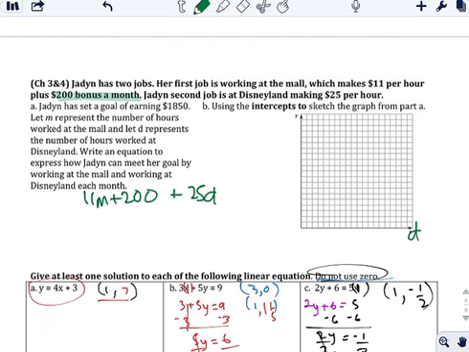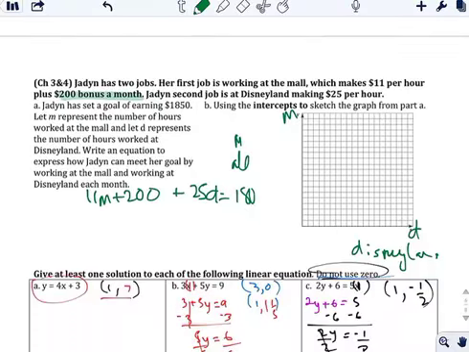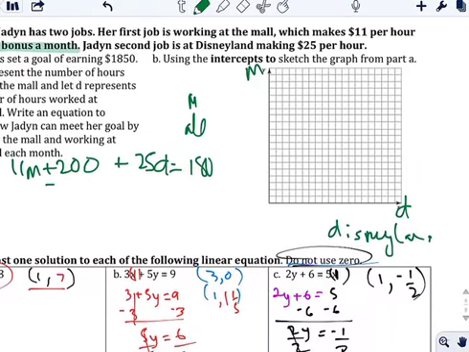This is D and M then. Disneyland. And this is the mall. Okay, equals 1850. Graph using x and y intercept. Minus 200. Oh, that's 1850. Sorry. It's 1850.